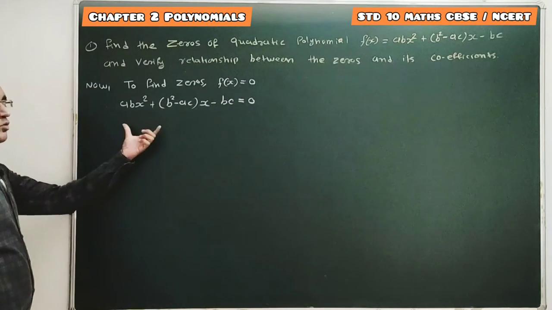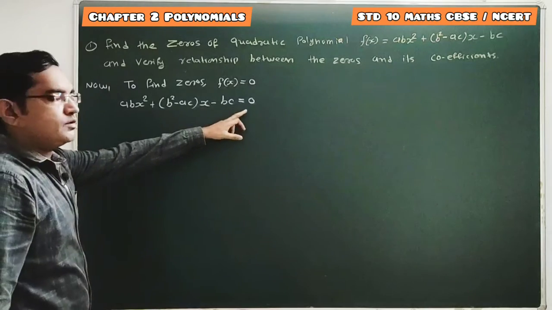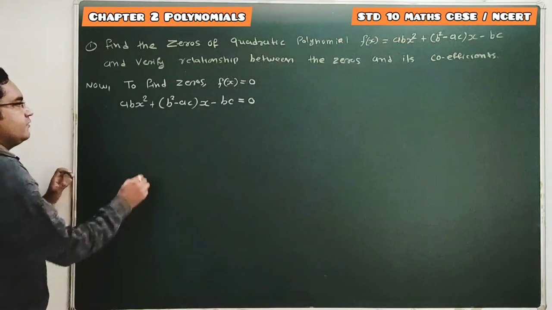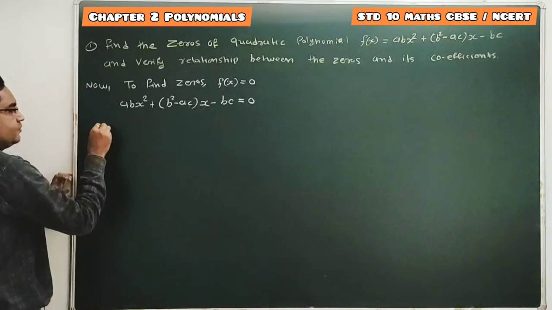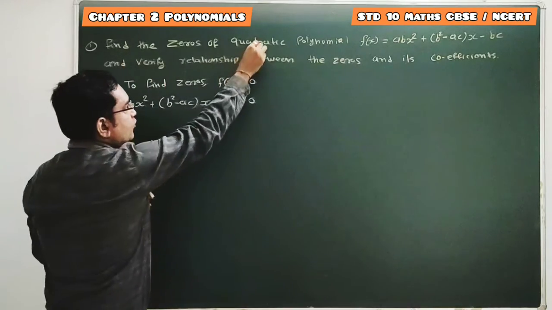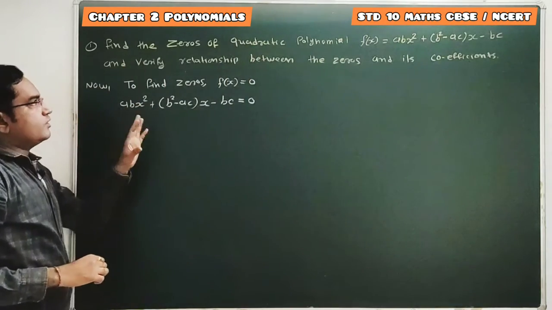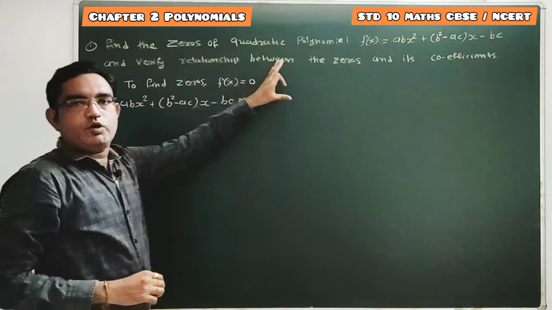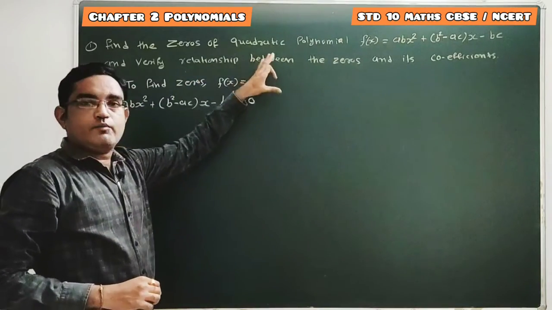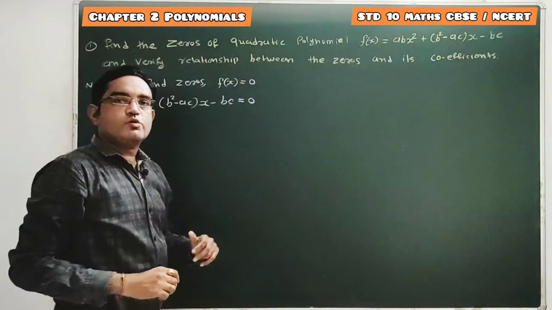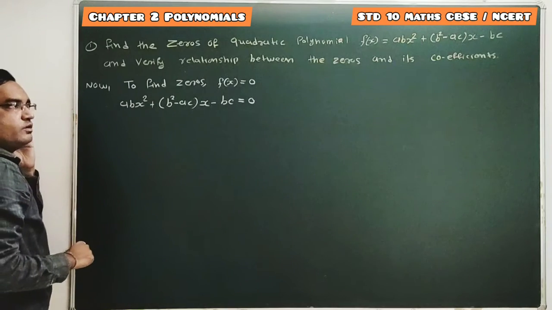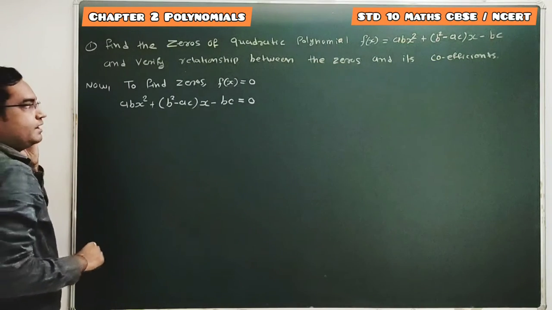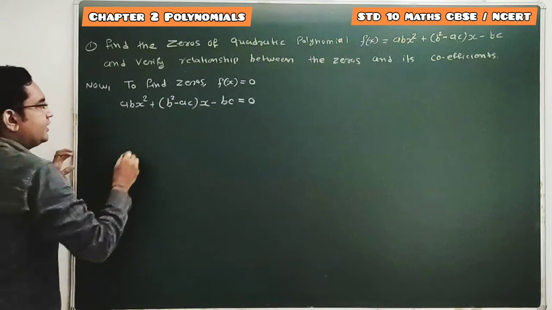Now we have to solve this equation and find the value of the variable x. As the given polynomial is a quadratic polynomial, maximum two zeros are there. So here two zeros will be there, alpha and beta. Let's try to find them.